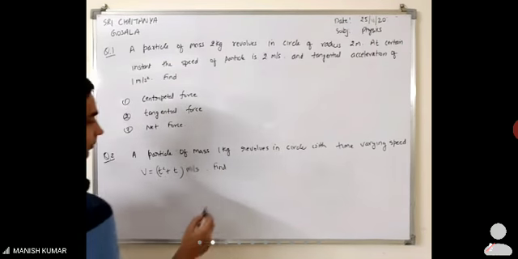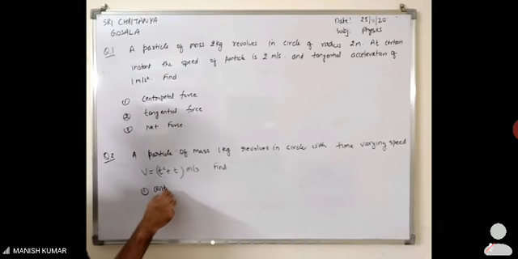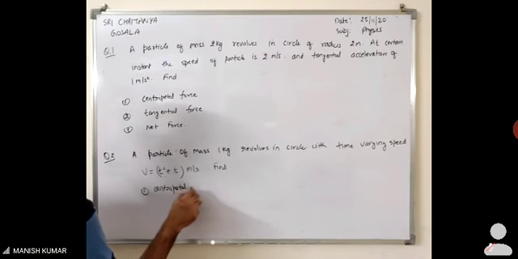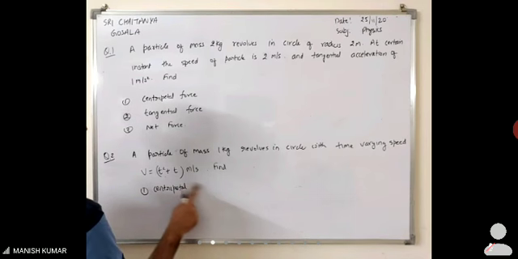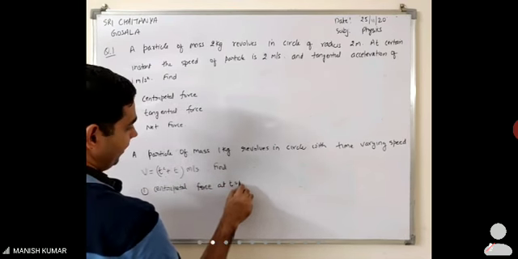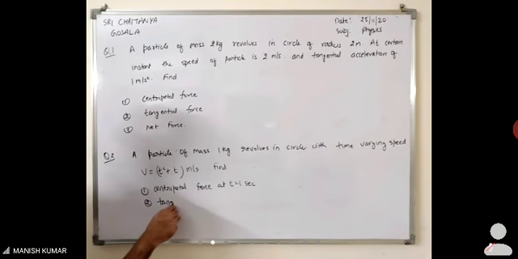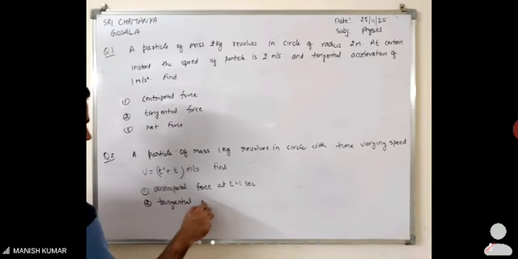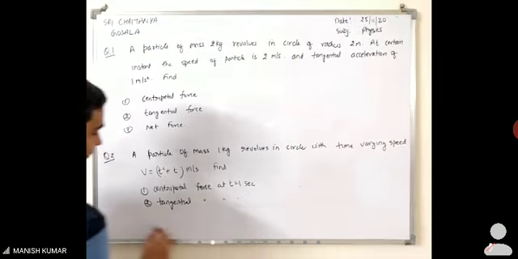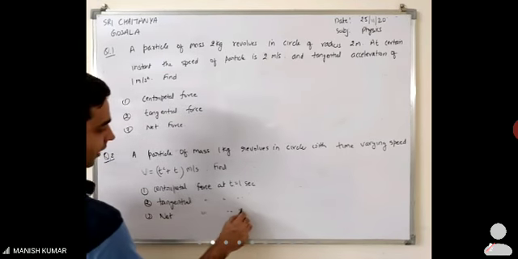Find number 1, centripetal force at t is equal to 1 second. Tangential force at t is equal to 1 second. Net force at t is equal to 1 second.